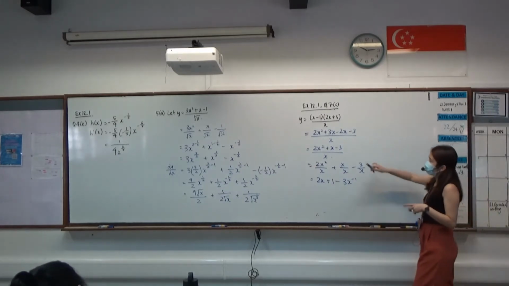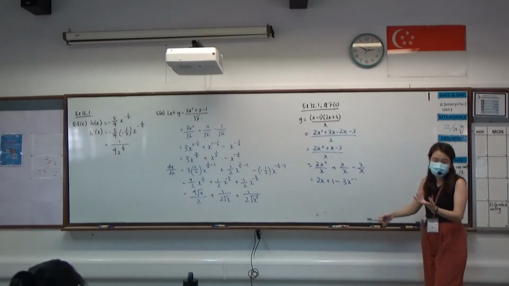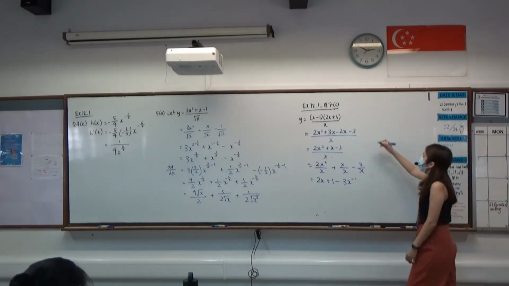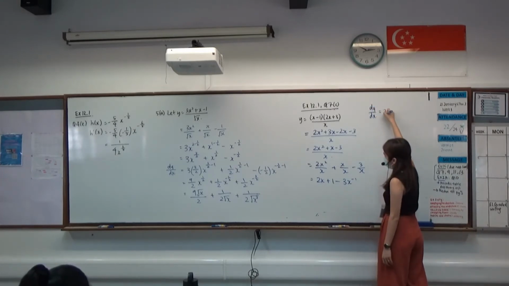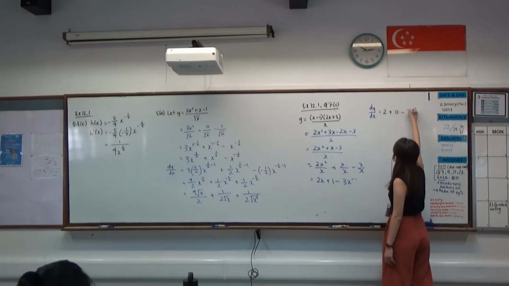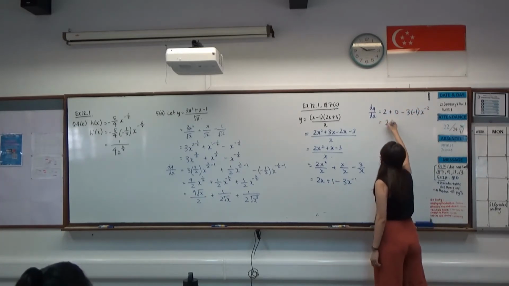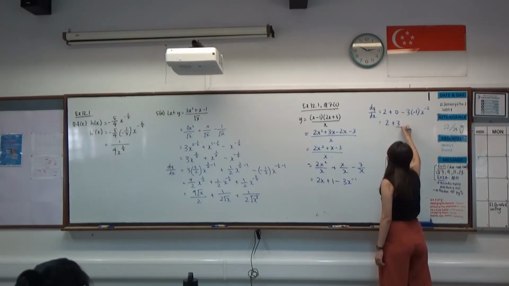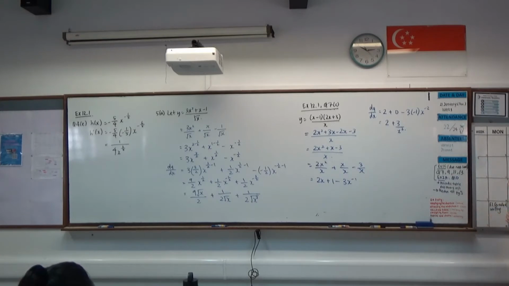Notice that over here we are looking at y equals all of this. My dy over dx is not in yet. Then dy over dx we would be getting 2 plus 0 minus 3 times negative 1, x to the power of negative 2. So for simplification, that's what you get.